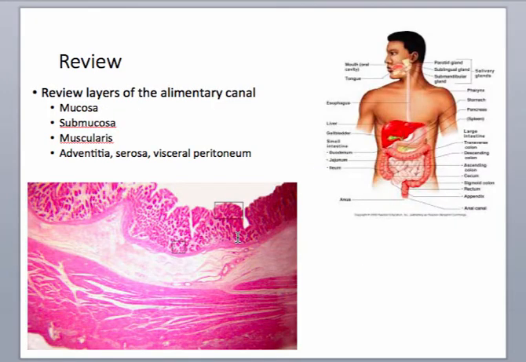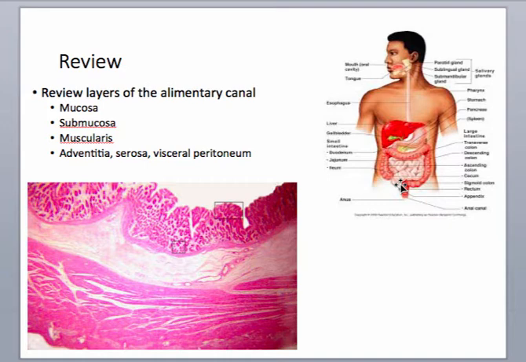Before we take a look at the individual organs' histology, we can review the alimentary canal. Remember, this is a tube that is open on both ends, going from mouth to anus. So from the mouth into the pharynx, into the esophagus, into the stomach, small intestine, the duodenum, the jejunum, and the ileum, and then into the large intestine, ascending, transverse, and descending colon into the sigmoid colon and rectum and anus.